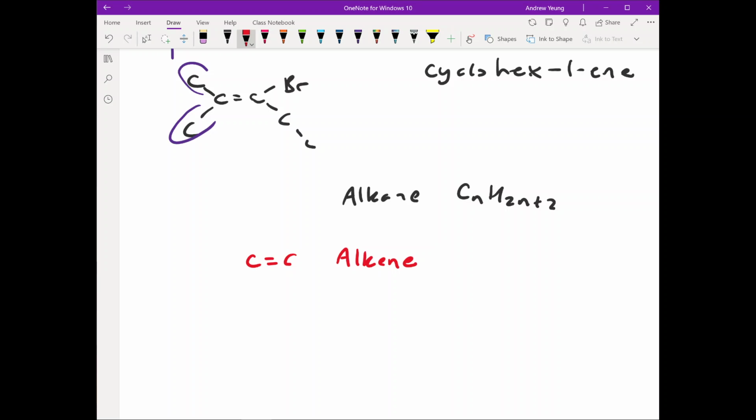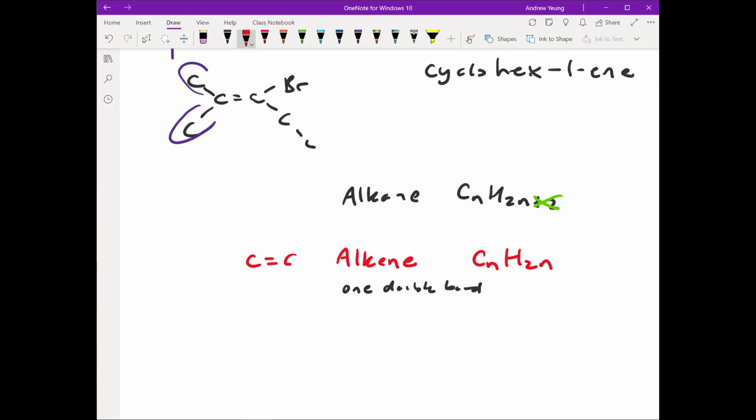Because we're only going to assume things that have pretty much 1 double bond, between 2 carbons here, imagine losing these 2 on the end here. So the general formula for an alkene is going to be CnH2n.